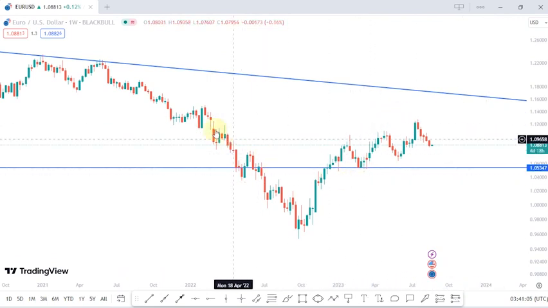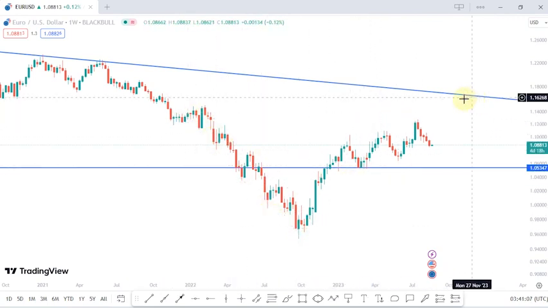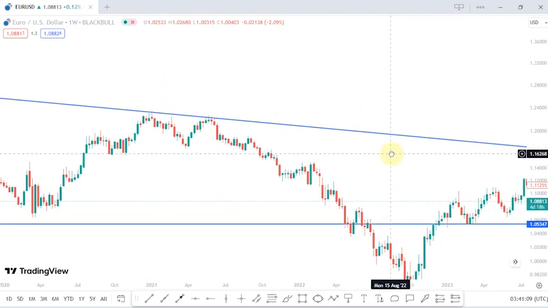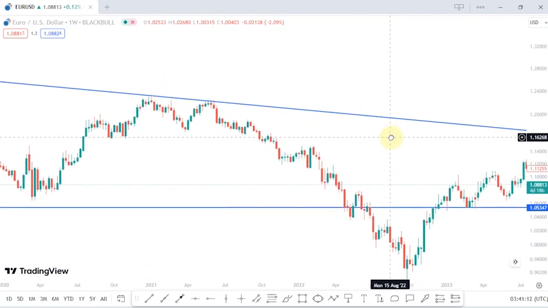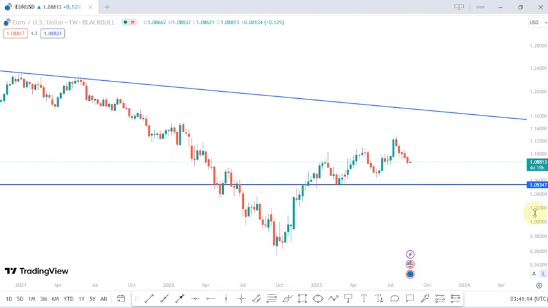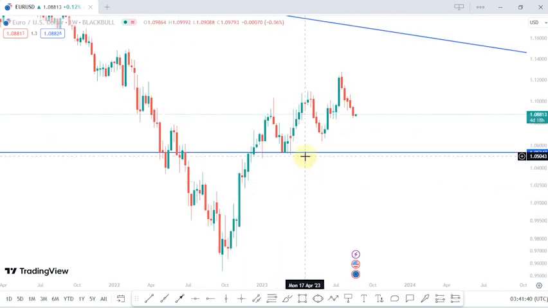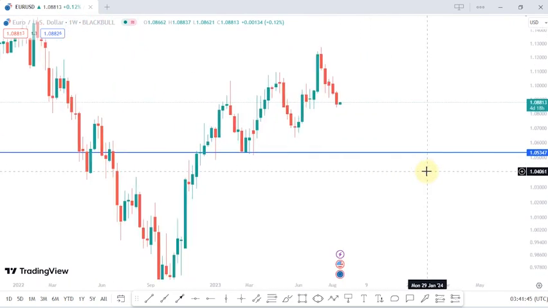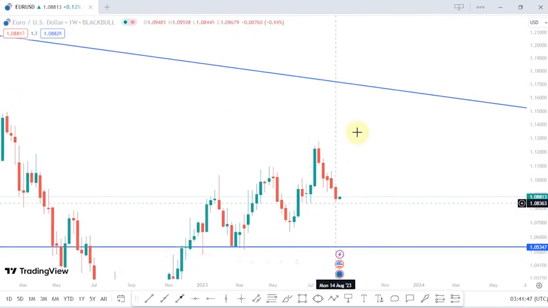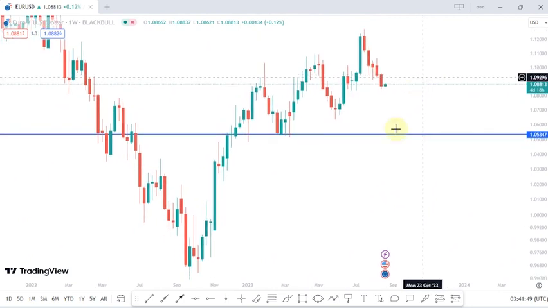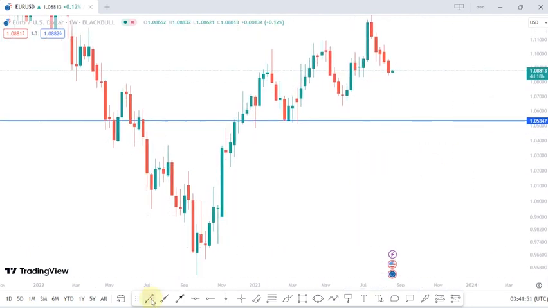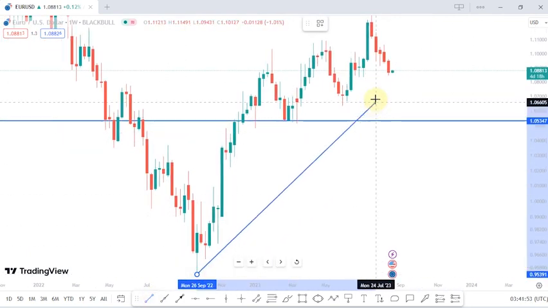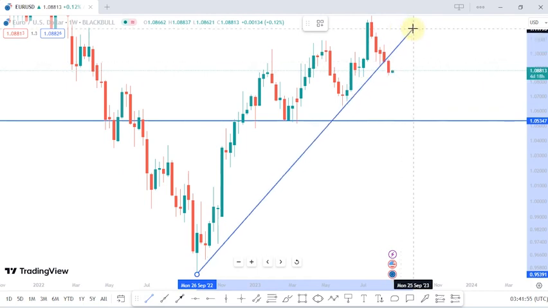We can see a retracement to the trend line. So what can I say here? Price is trying to make it back to this place. Will it make it? We don't know. All we do is wait and see what price is going to do.